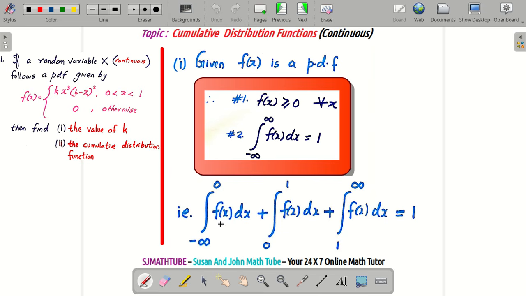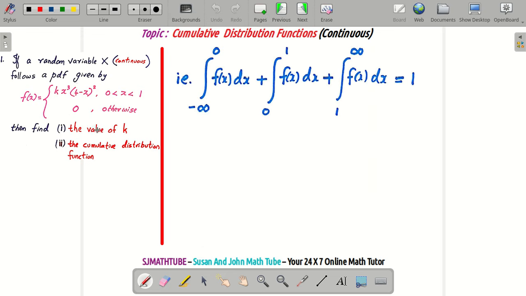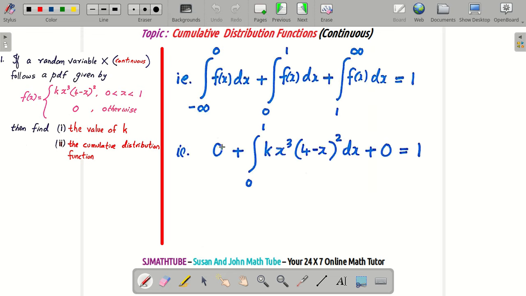I'm sure that you know these values. From 0 to 1, we are supposed to use this, and if it is less than 0 or more than 1, you're supposed to use this. So we end up like this. This function value became 0 and the integral became 0. Same thing here, and here we have a function value.